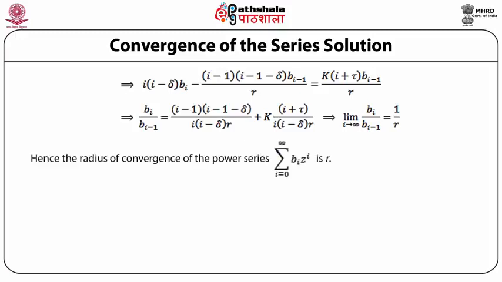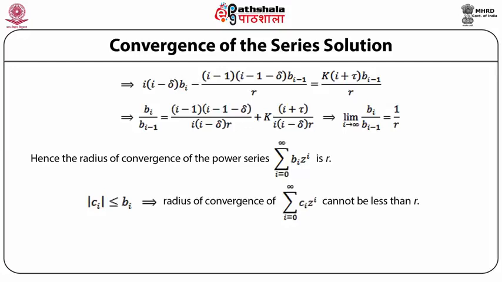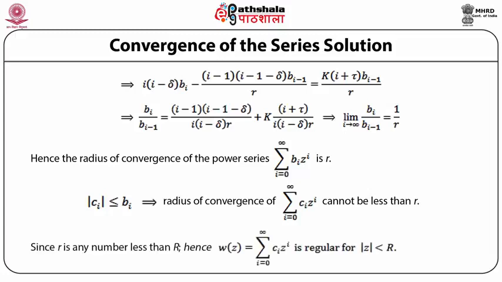Hence, the radius of convergence of the power series Σ Bi is r, and since |Ci| ≤ Bi, the radius of convergence of Σ Ci z^i cannot be less than r.